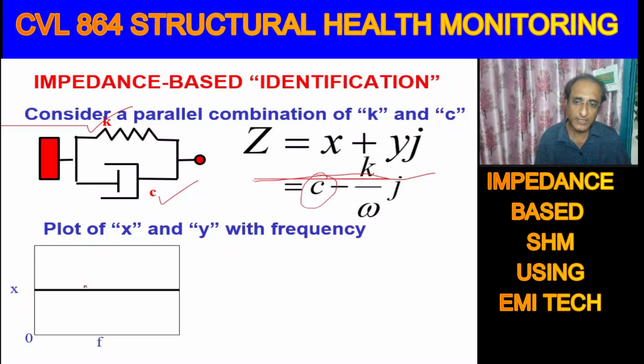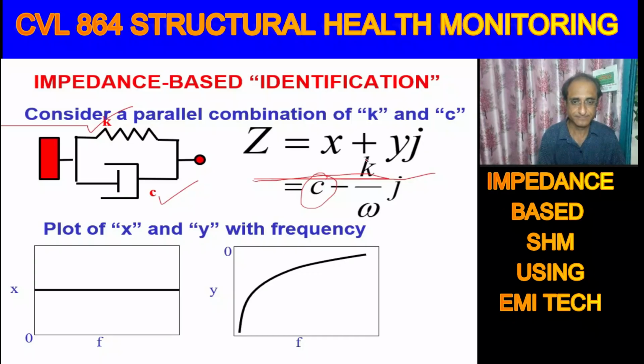If you plot x with frequency, it will come out constant. And what will be the plot of the imaginary part? The imaginary part will be like this. First of all, it's negative, and as the frequency is increasing, the negative part is coming asymptotic to 0. So this would be the variation of this system, which is a parallel combination of a spring and a damper element. In technical sense, it's called a Kelvin-Voigt system. Okay.